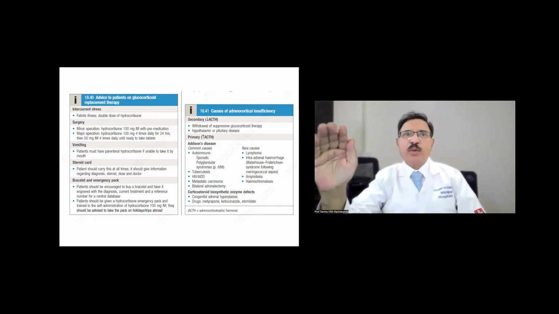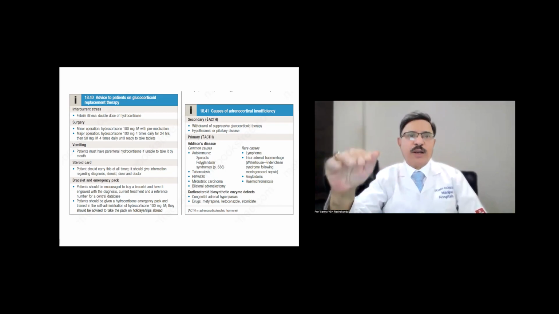Normal replacement dose is 15 to 25 milligrams, and you need to give double the dose in febrile illness. Minor operation, 100 milligrams IM with pre-medication. Major operation, 100 milligrams of hydrocortisone 4 times daily for 24 hours, then 50 milligrams IM 4 times daily until ready to take tablets. Vomiting, patients must have parenteral hydrocortisone, unable to take it by mouth.